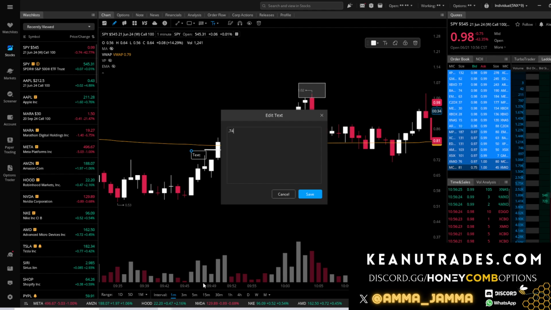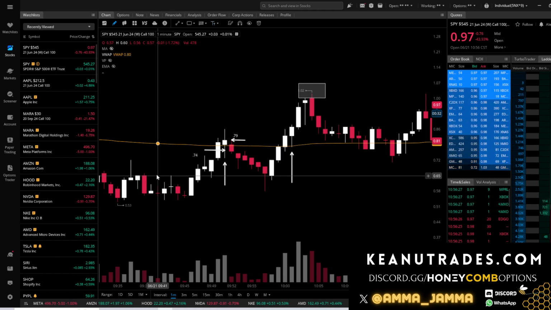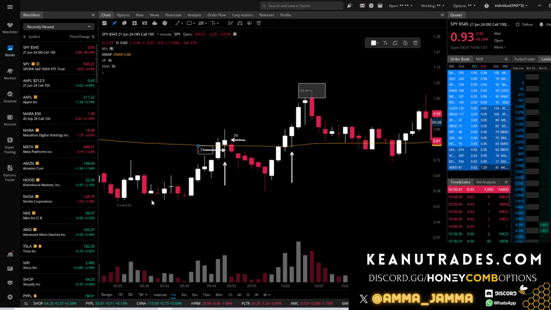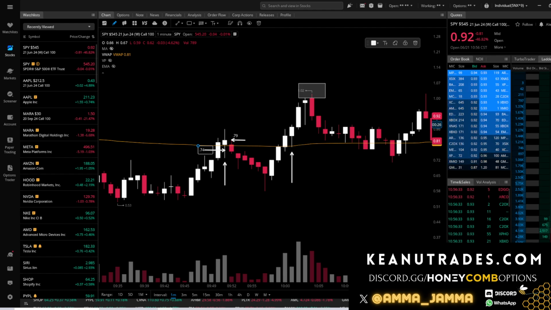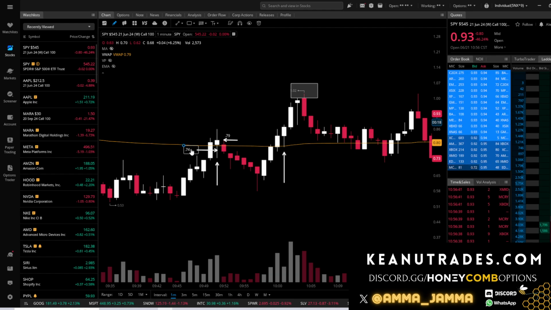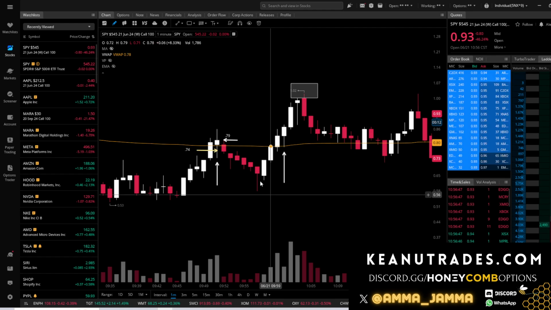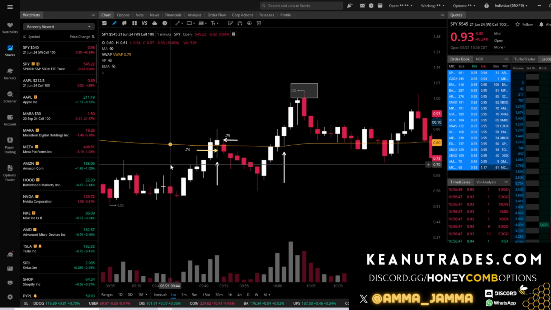Here's the brain flash for all the geniuses out there. If your entry is at or below mine on a day trade, that means the chart is going the wrong way. Let me repeat that. If your entry is better than mine on a short-term trade, that means the chart is going the wrong way.